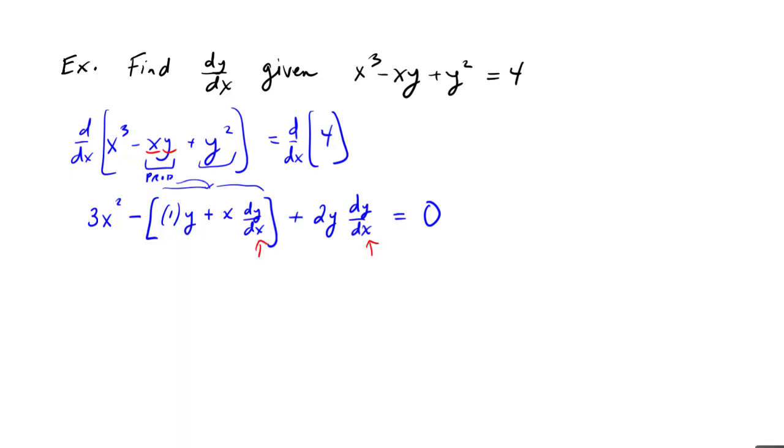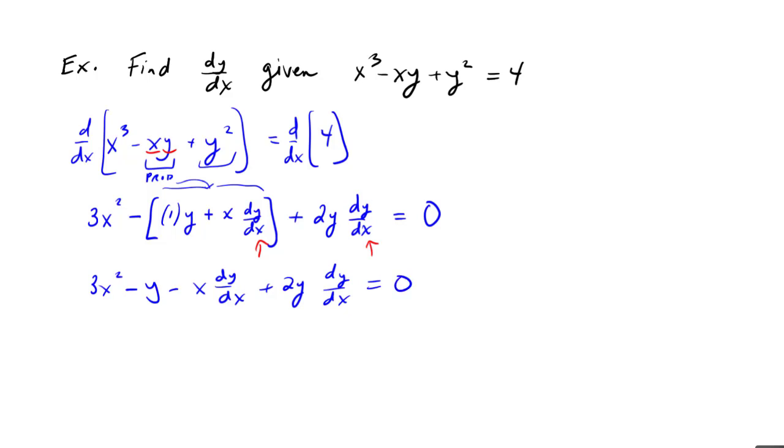Okay, so there's all the derivative taking, and now basically I just have to do my usual isolate the dy/dx to solve for it. All right, so 3x squared, now I get minus y when I distribute, minus x dy/dx plus 2y dy/dx equals 0.